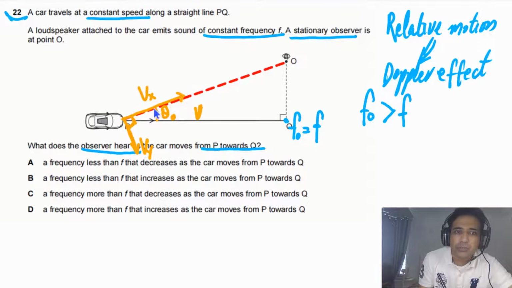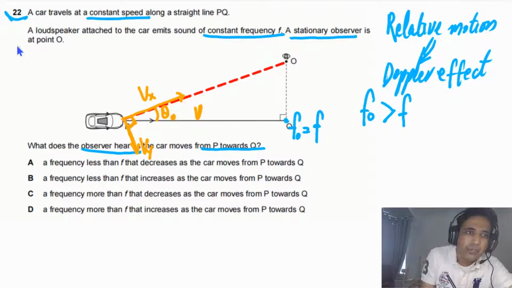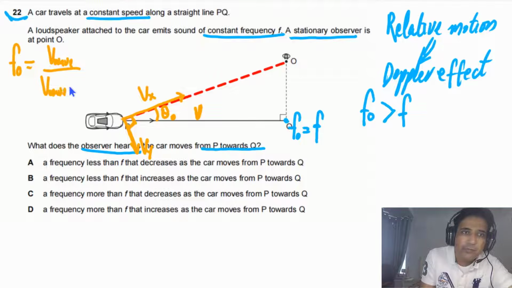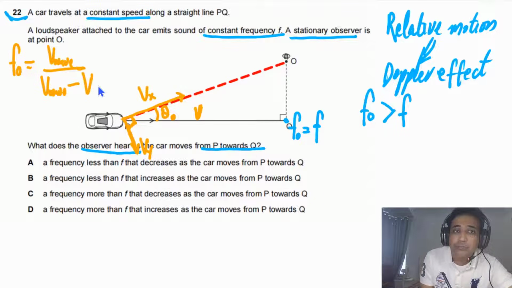So in this case, due to vx, there is a relative motion between source and observer, so we can write down the Doppler effect formula. F observed has to be equal to the speed of the wave divided by the speed of the wave minus the component of the speed of the source that causes relative motion, which is Vx.